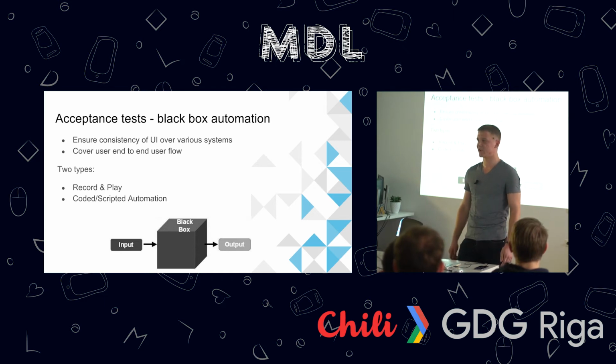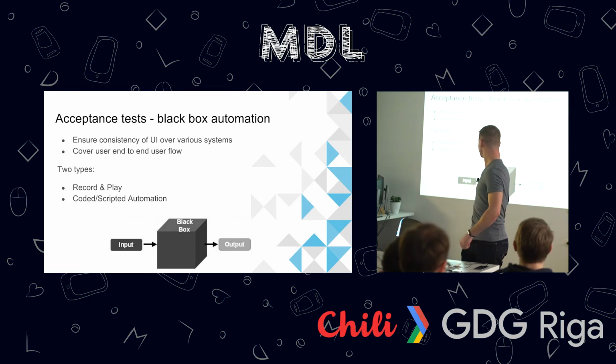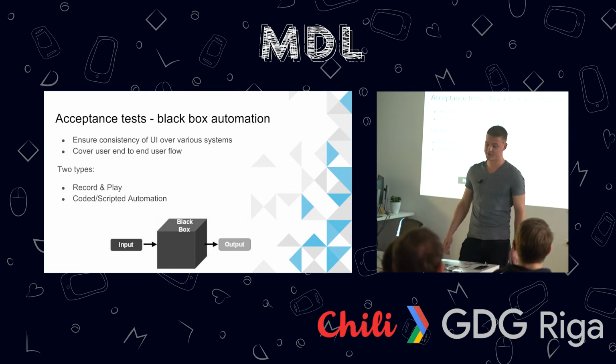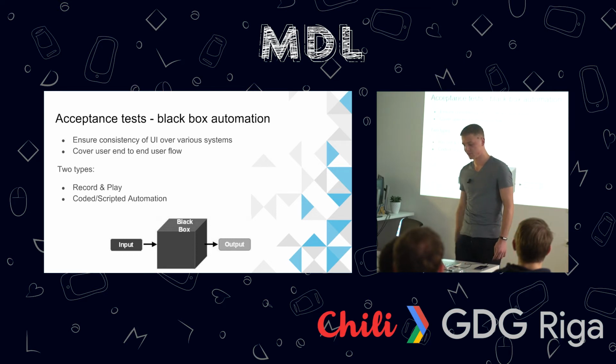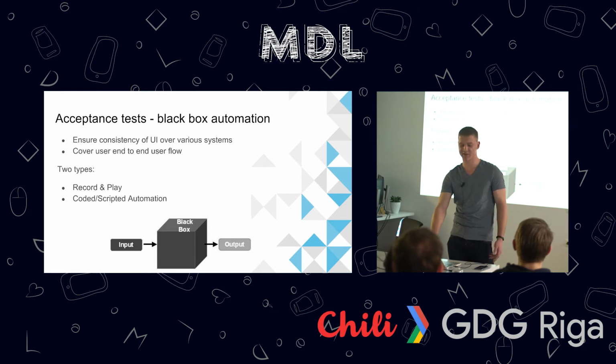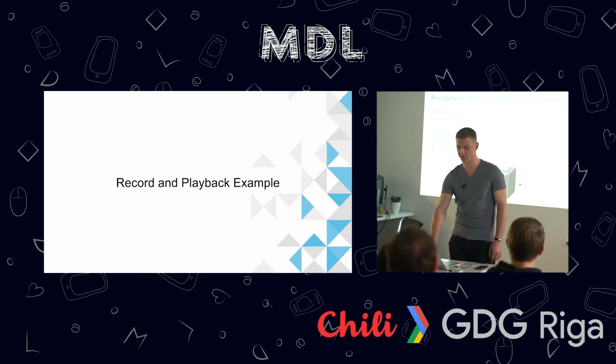So basically, it's simulating the same actions as the user is doing. And there are two types of it. One type, which is very simple for starting and creating automated tests, is record and play. Another one is coded or scripted automation, which is a bit complicated, but a lot better.